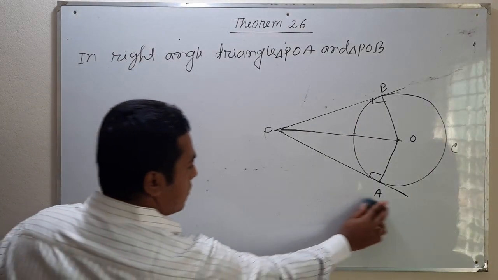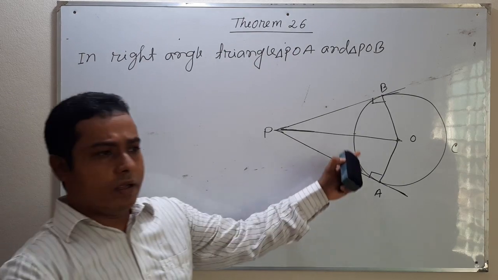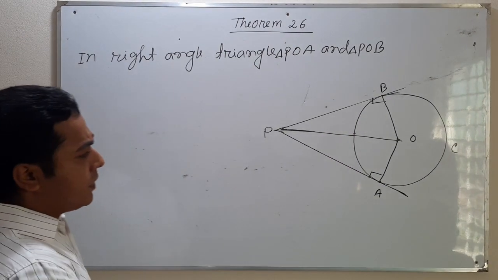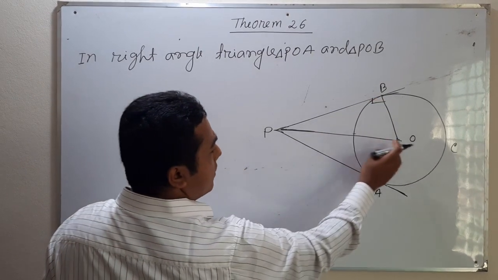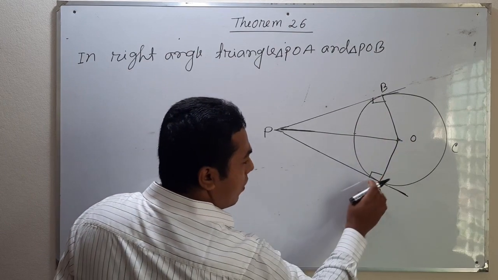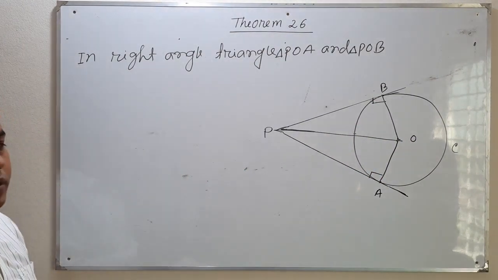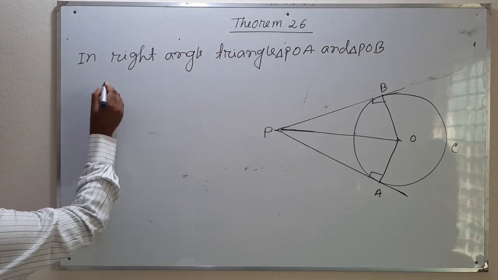Now, from the two triangles, how can we prove congruence? Their hypotenuse, opposite the 90 degree angle, is OP for this triangle, and also OP for the other triangle. So OP is the common side and hypotenuse of those triangles.